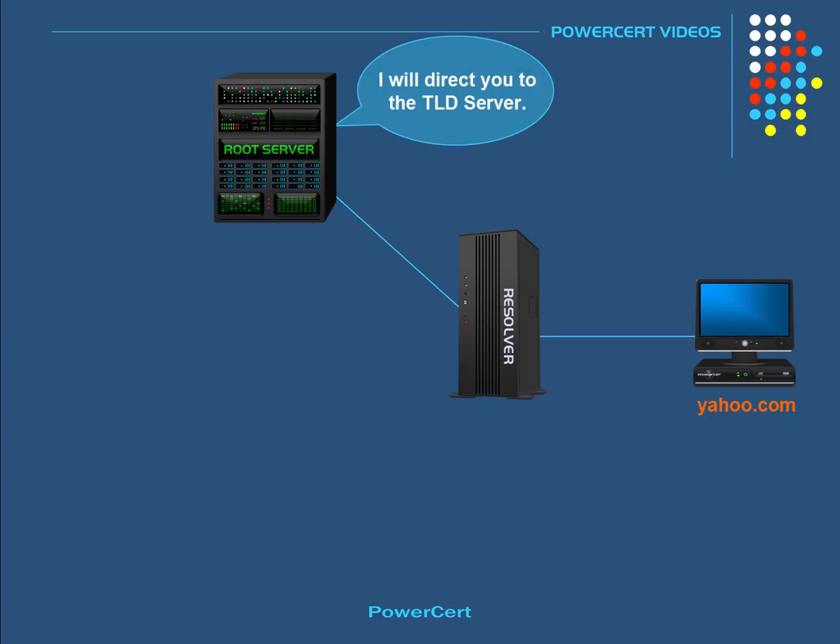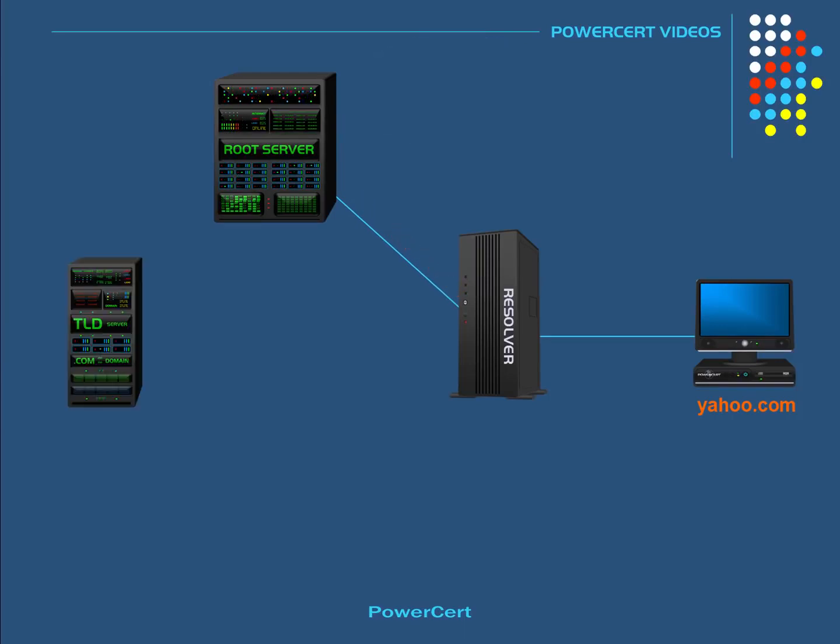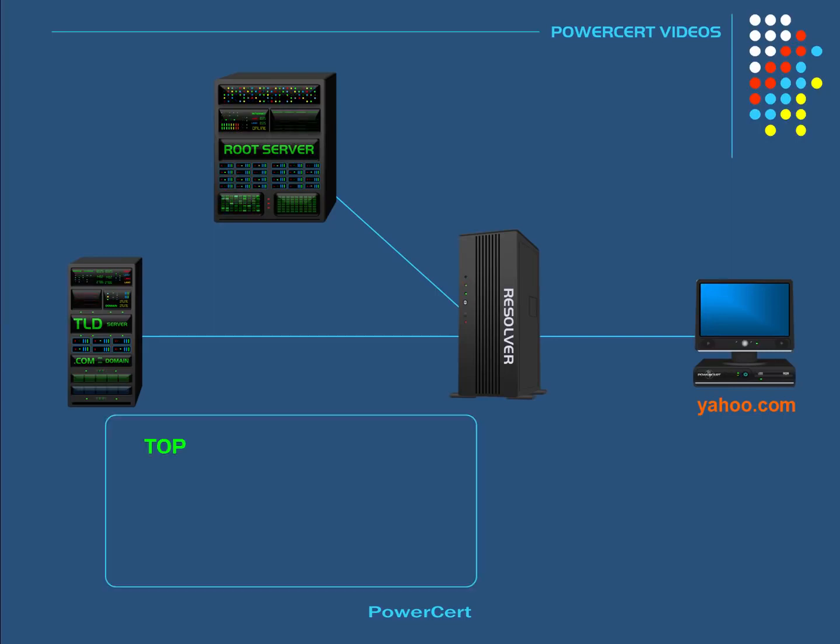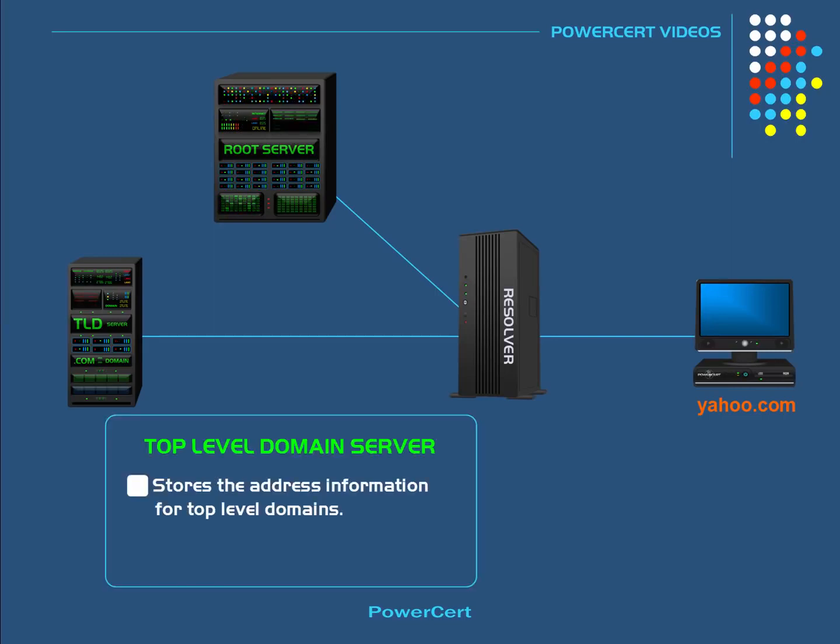So the root server will direct the resolver to the TLD or top-level domain server for the .com domain. So the resolver will now ask the TLD server for the IP address for yahoo.com. The top-level domain server stores the address information for top-level domains, such as .com, .net, .org, and so on.